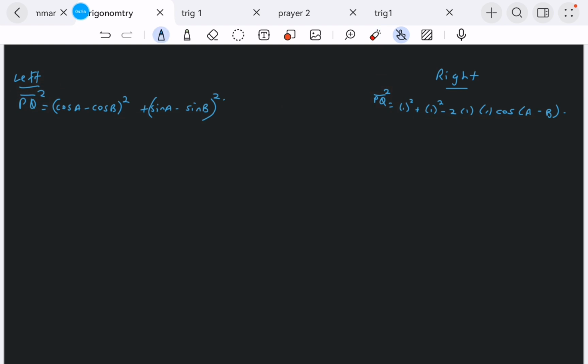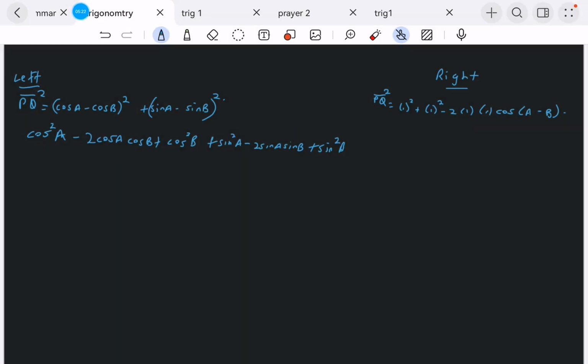So let's go ahead and do this together. So help me. This is what? Cos squared A minus 2 cos A cos B plus cos squared B plus sin squared A minus 2 sin A sin B plus sin squared B.